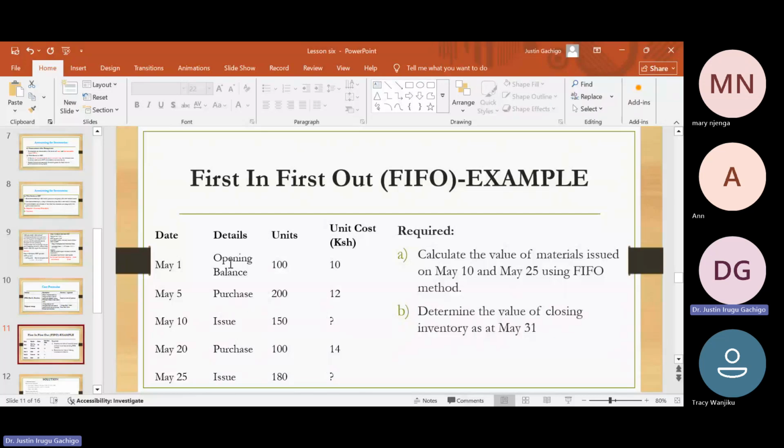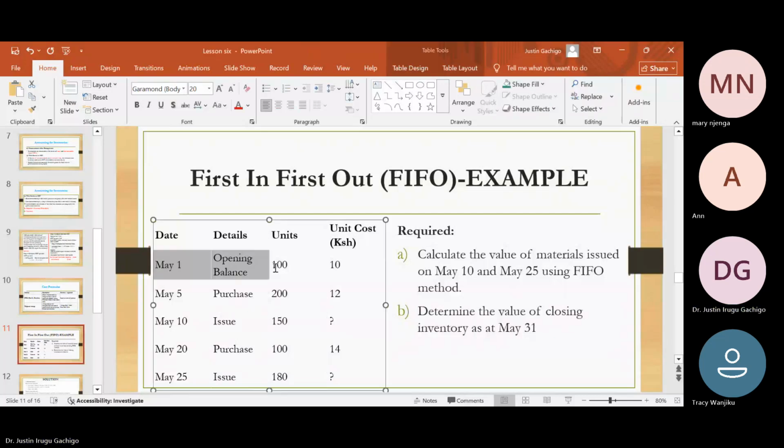So let us look at this one. So we have these dates here. So on May 1, we have an opening balance of this. That, according to first in, first out, so these are the ones that you are going to sell first. Once you exhaust this one, and you're going to sell them at a cost of 10 shillings. Once you exhaust that one, you go to this one, and then you sell this one at a cost of 12.